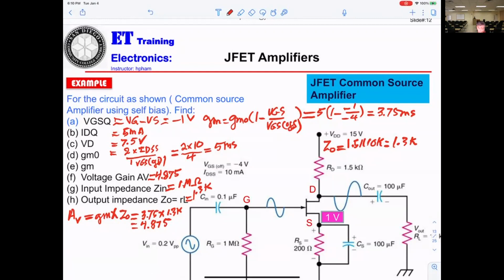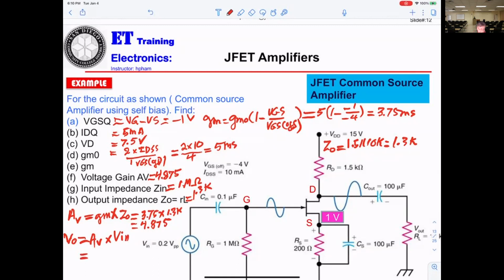Okay, and adding one more. I want V out. So it's the gain times VIN. Exactly. AV times VIN.